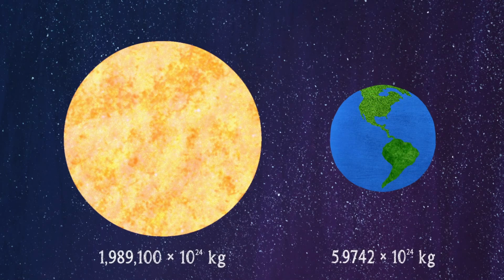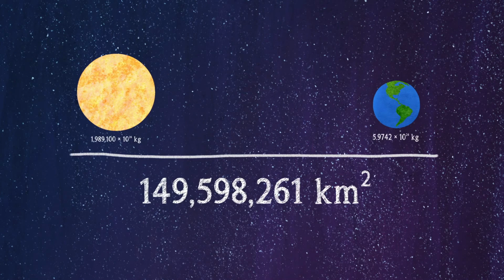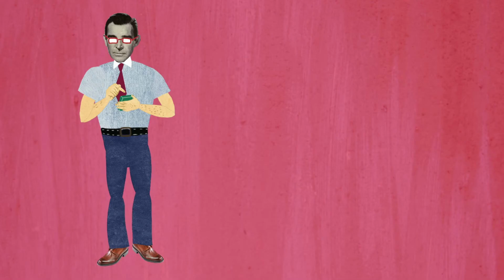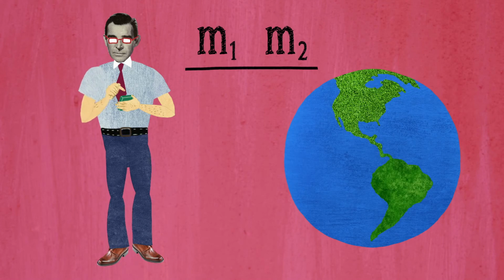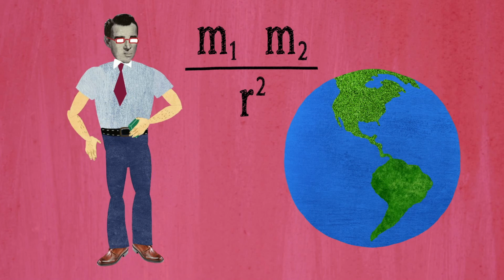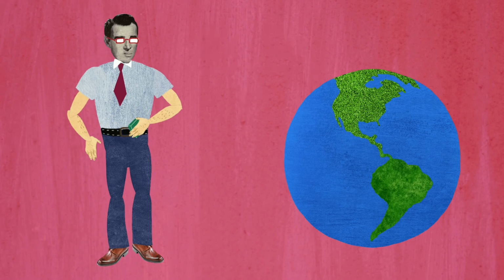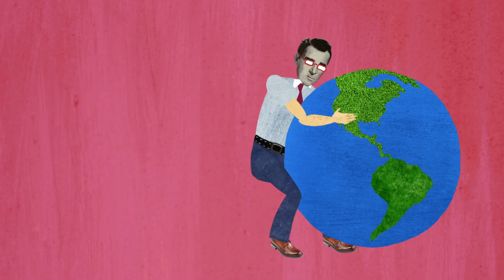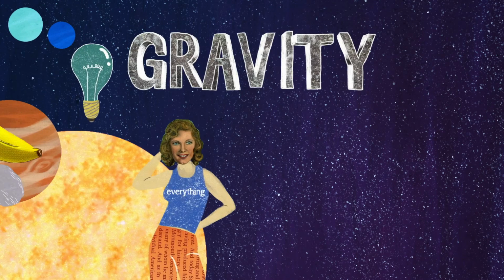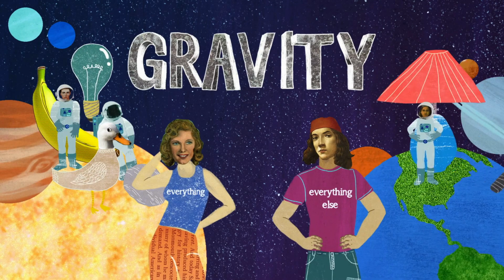And then we divide by the distance between them squared. This determines the force of attraction between the sun and the Earth. You could just as easily plug in your mass and the Earth's mass and the distance between you and the center of the Earth, and find out how much you are attracted to the Earth and the Earth is attracted to you. So what's gravity? Everything is attracted to everything else.